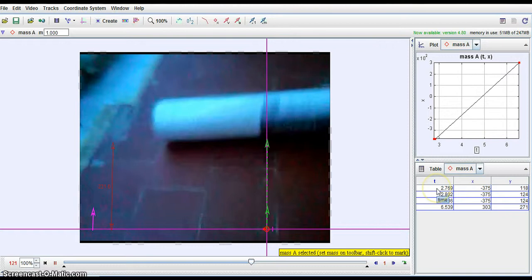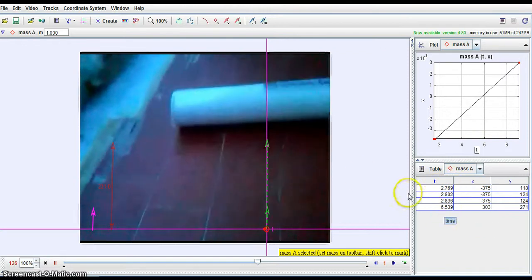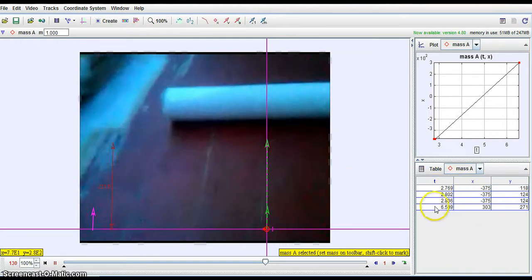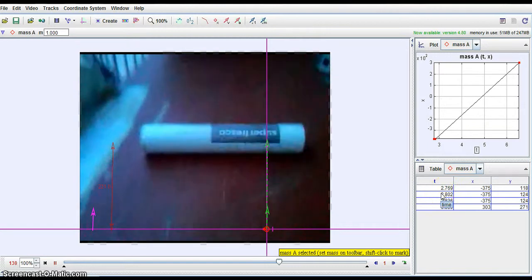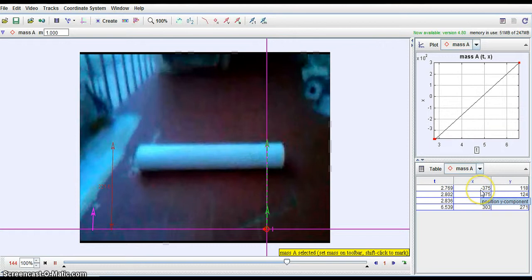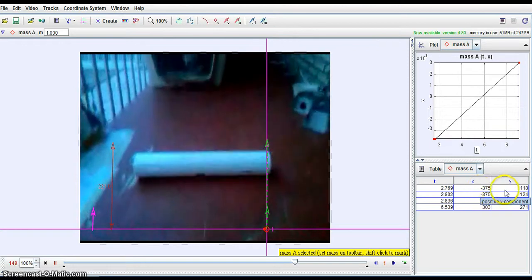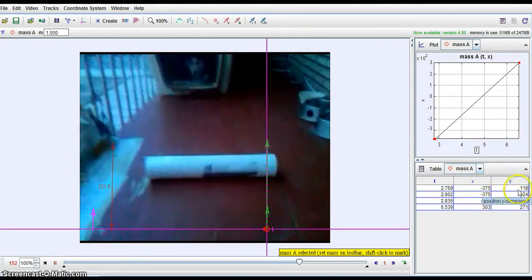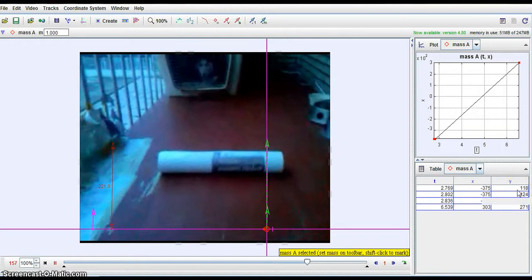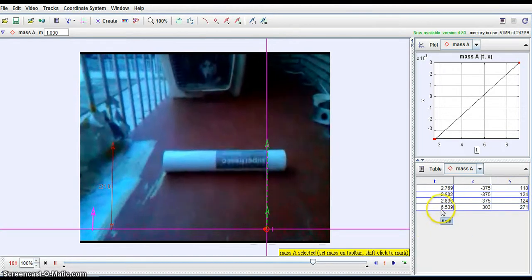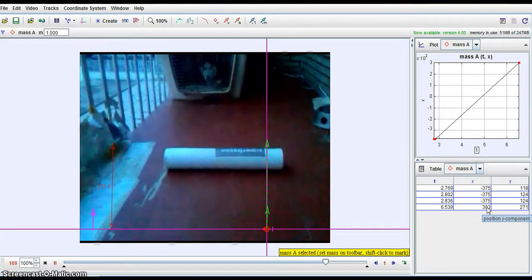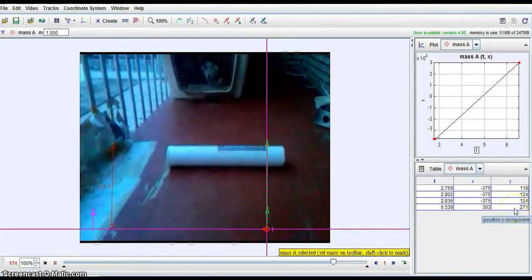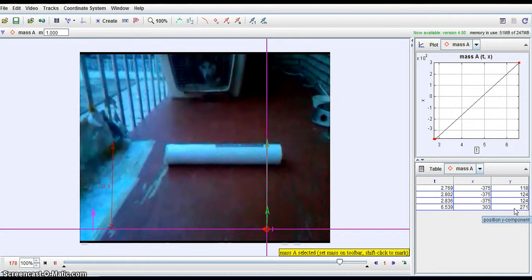Then we have the values of time, which began at time t of 2.769, where we have a negative value of -375 and a y of 118, and an ending value of 6.539, a positive value of 303 in the x-axis, and a positive value of 271 in the y-axis.